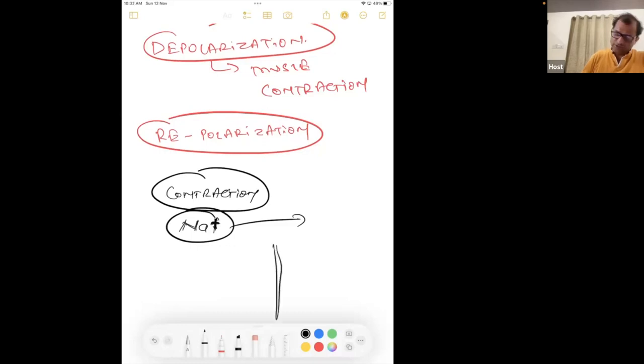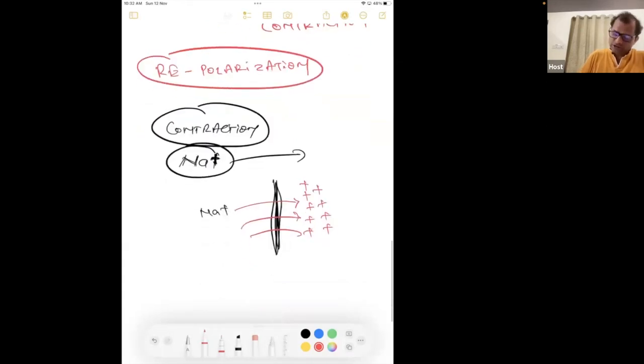So suppose sodium is here, and suppose sodium is going this side, and as soon as sodium goes this side, it will convert to plus because sodium is plus. So this is called changing in the polarity.